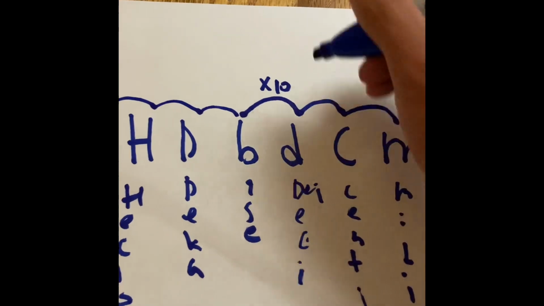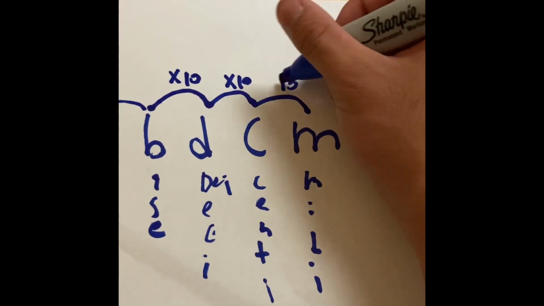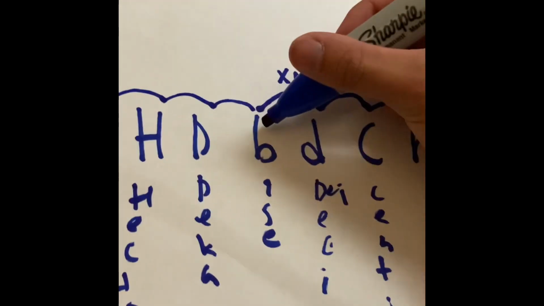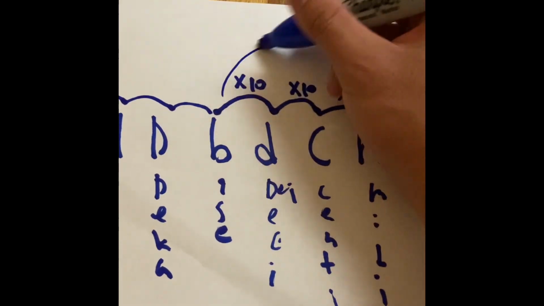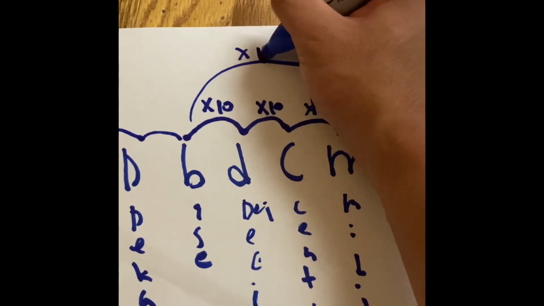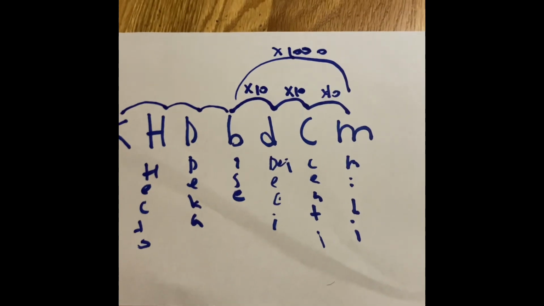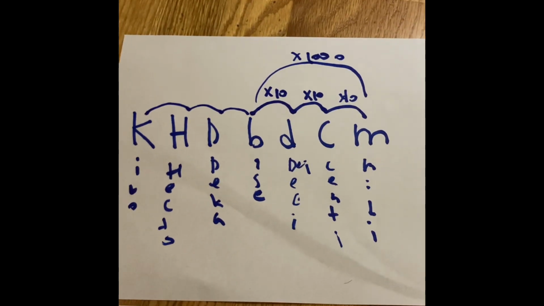From here to there, multiply by 10 again, and by 10 again. If you wanted to go from the base to millimeters, you would multiply by 1,000. 1,000 millimeters is going to equal a meter.